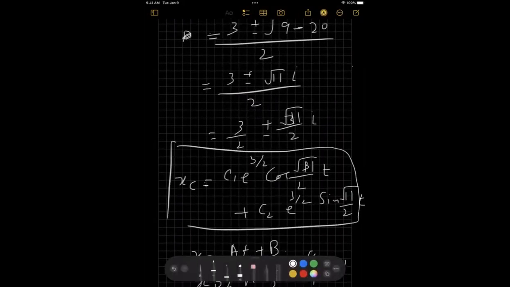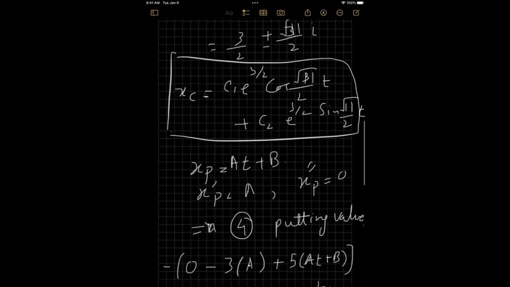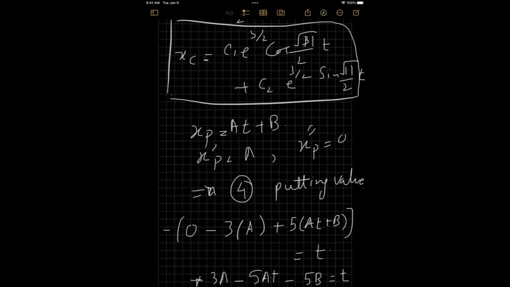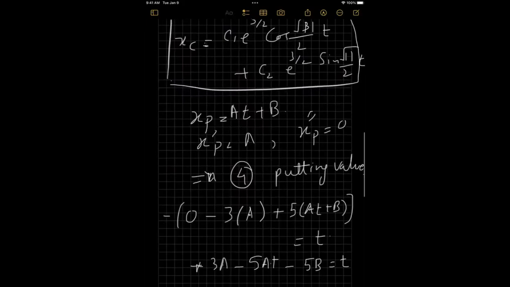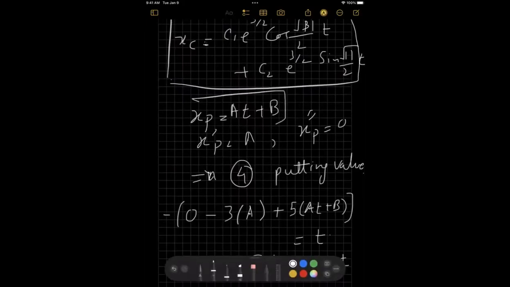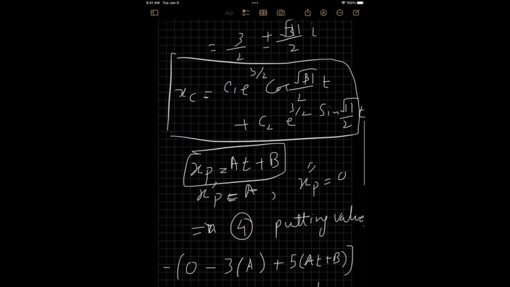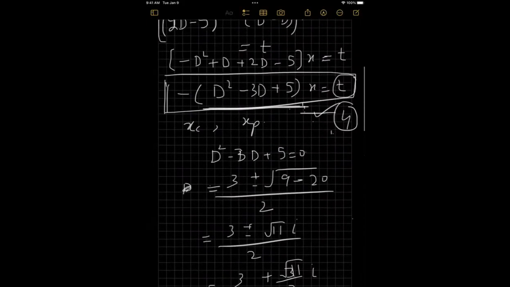For the particular solution, we have t on the right side, so xp is equal to at plus b. We take a polynomial here. We find x prime p, which equals a, and x double prime p, which equals 0. After this, in equation number 4, we apply our values for D squared x minus 3D plus 5, the derivatives of x.